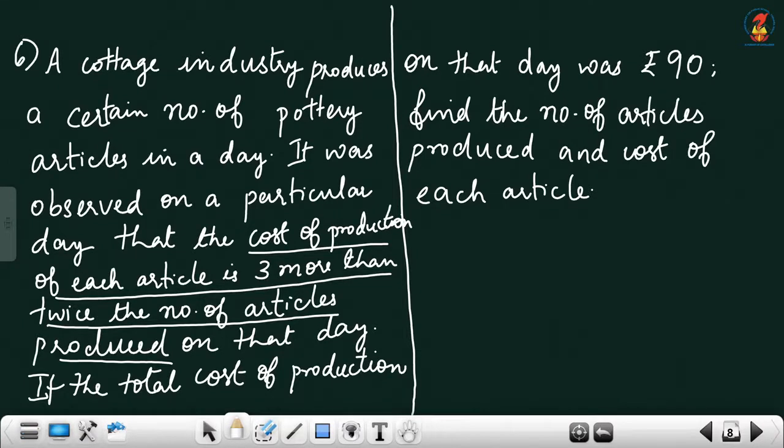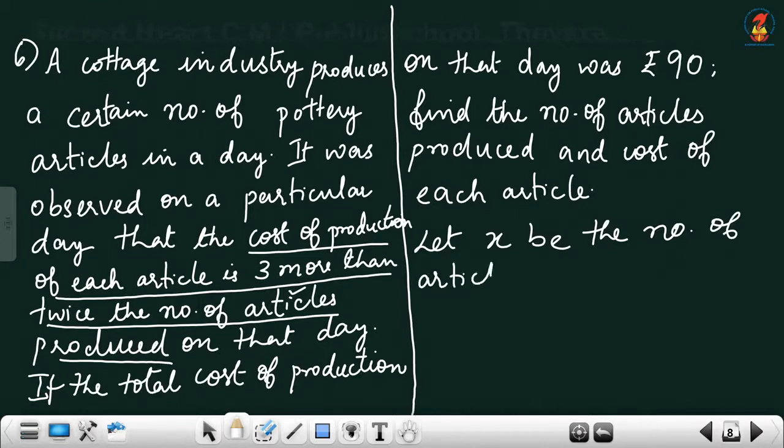Here, cost of production of each article is given in terms of number of articles produced on that day. So, this is what we have to suppose. Let x be the number of articles produced on that day.